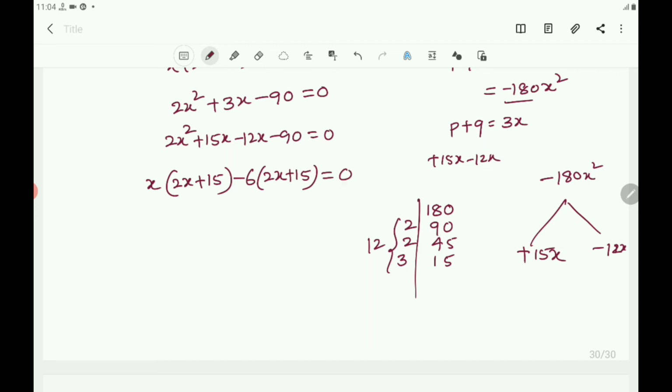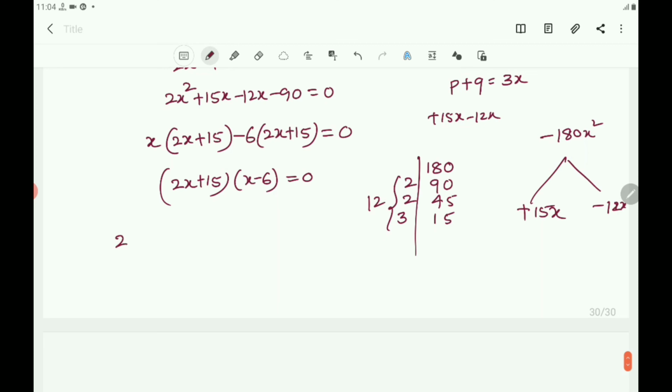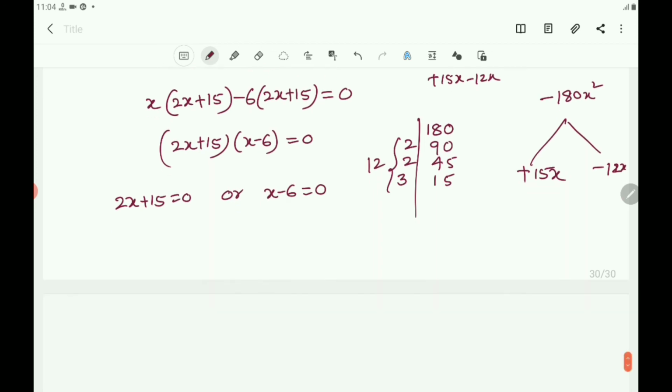Then you get the factors 2x plus 15 into x minus 6 equals 0. Equate each factor to 0: 2x plus 15 equals 0 or x minus 6 equals 0.